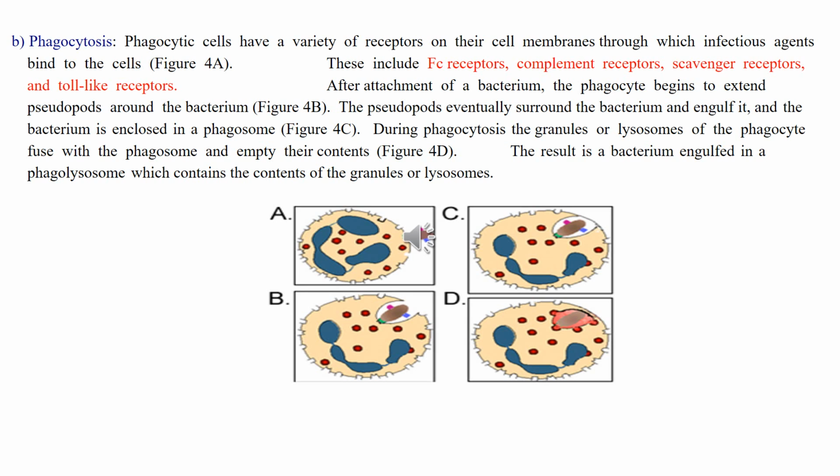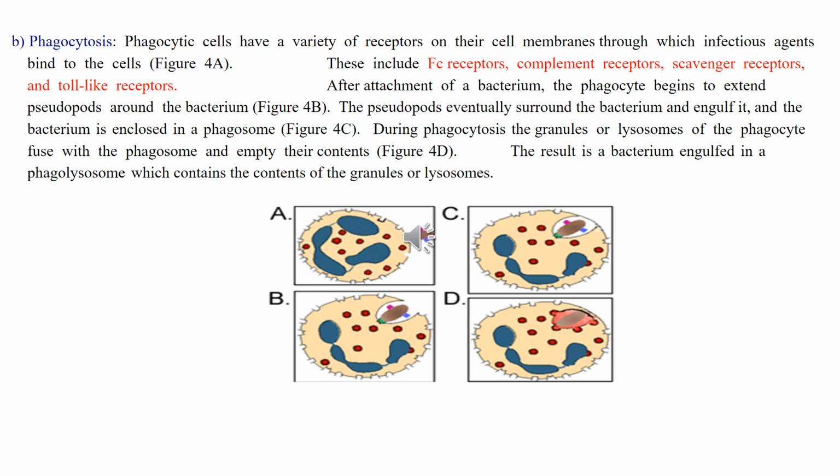After attachment of the bacterium, the phagocyte begins to extend its pseudopods around the bacterium, like in figure B. The pseudopods eventually surround the bacterium and engulf it, and the bacterium is enclosed in a phagosome.